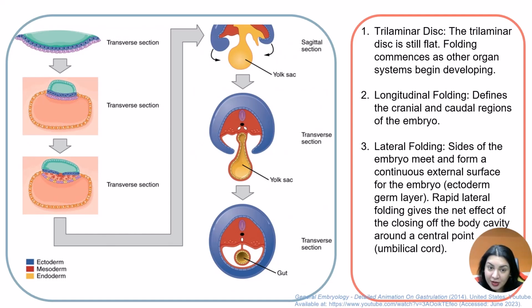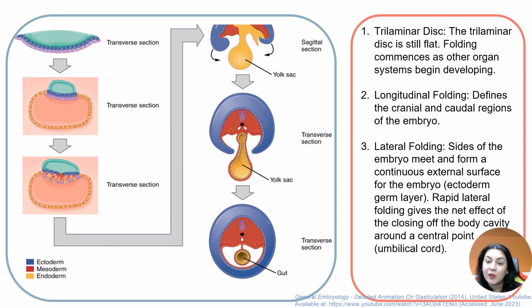It's going to bring the head and tail, or the developing legs, closer to each other so that as a result, you're starting to get that curved appearance of the embryo in utero that you're familiar with by the time it gets to the fetal stage of development. So that's what's happening with your longitudinal folding.